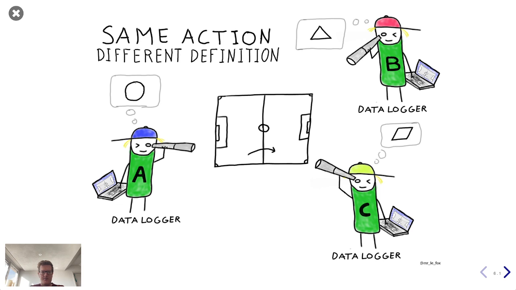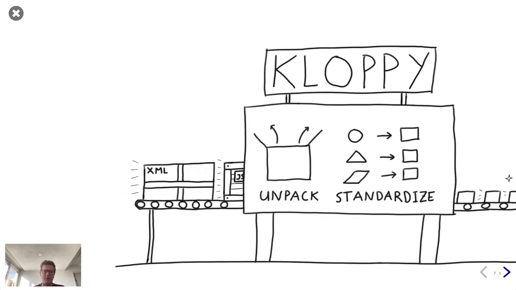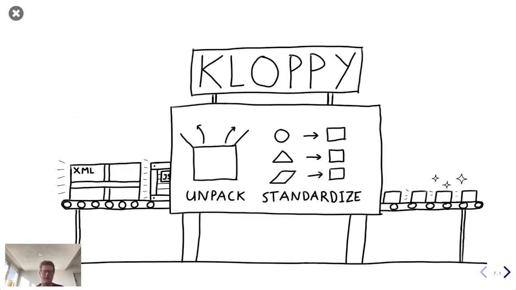So it will be data describing the same match, same events, but with different definitions, and Kloppy tries to help and fix it. So you can put in an XML file or JSON depending on the vendor. It will unpack it and standardize it, and in the end, well, it's shiny and blinky. It's great.